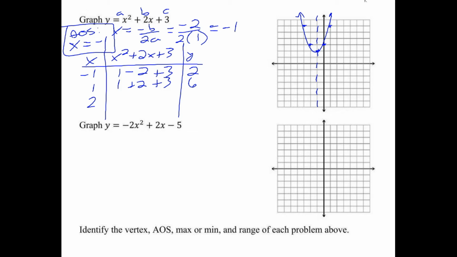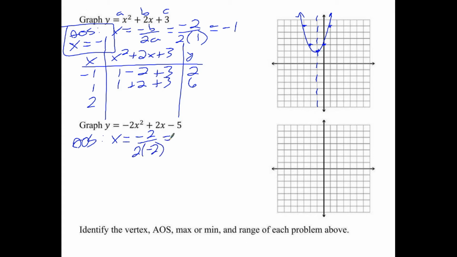All right, so let's try the second one now. What do we do first? AOS. What do I write? X equals negative 2 over 2 times, yeah, A is negative 2.